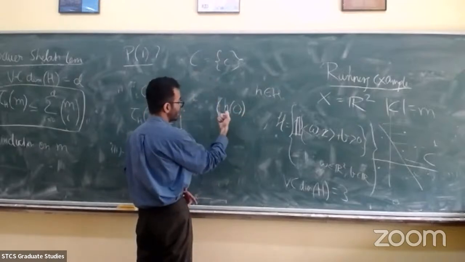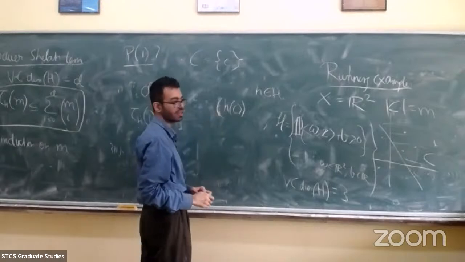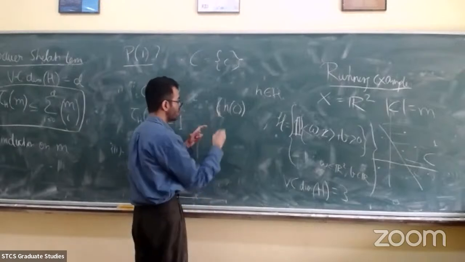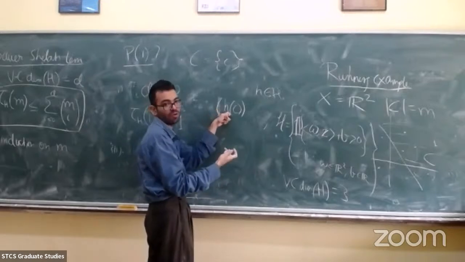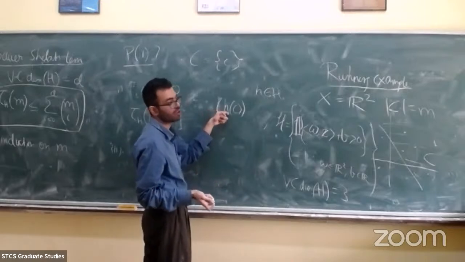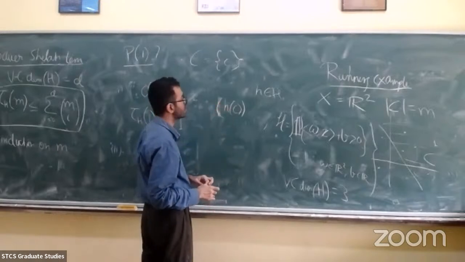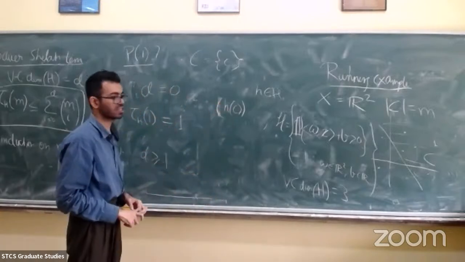So you can produce at least one vector like this, but you cannot produce both 0 and 1. If it's 0, you can produce only 0. If it's 1, you can produce only 1. You can't produce both. So tau H will be exactly 1 in this case.